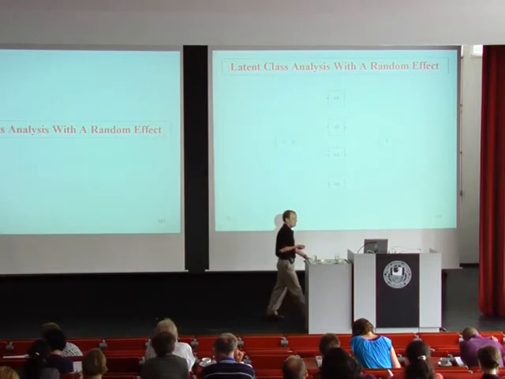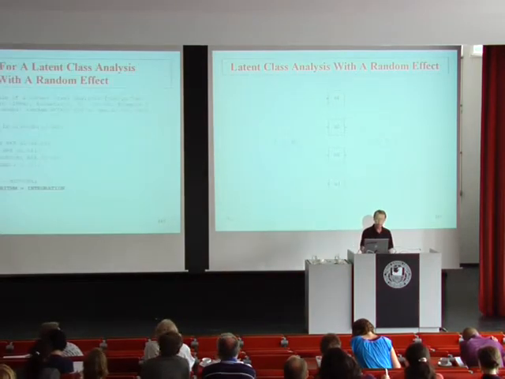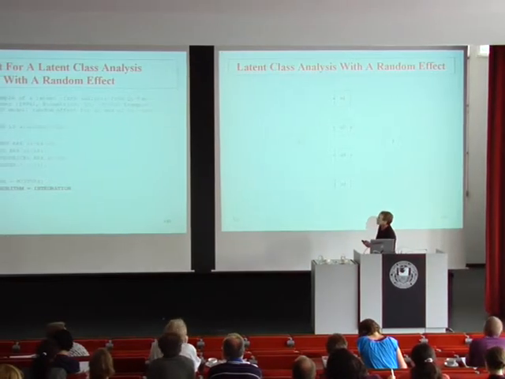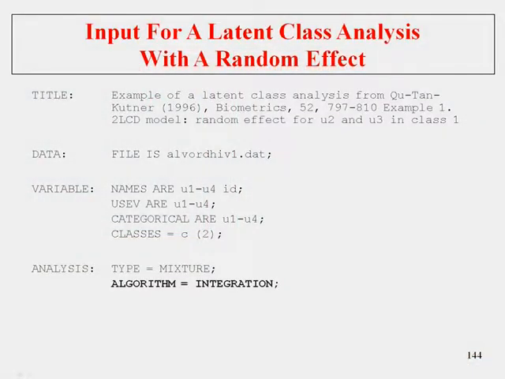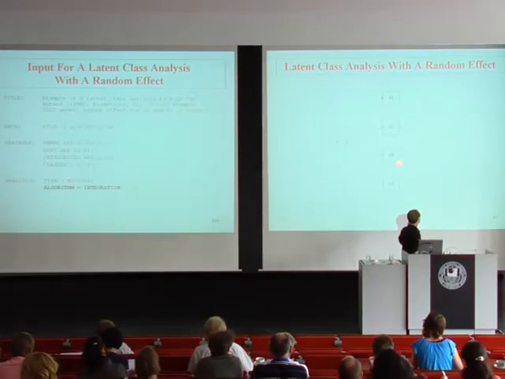This was an example in Biometrics. They introduced that for the first time. You have the reference up here, Qu, Tan and Kutner, having to do with a medical example. The next few pages, which I will not go through, tell you how to go about orchestrating this residual correlation.